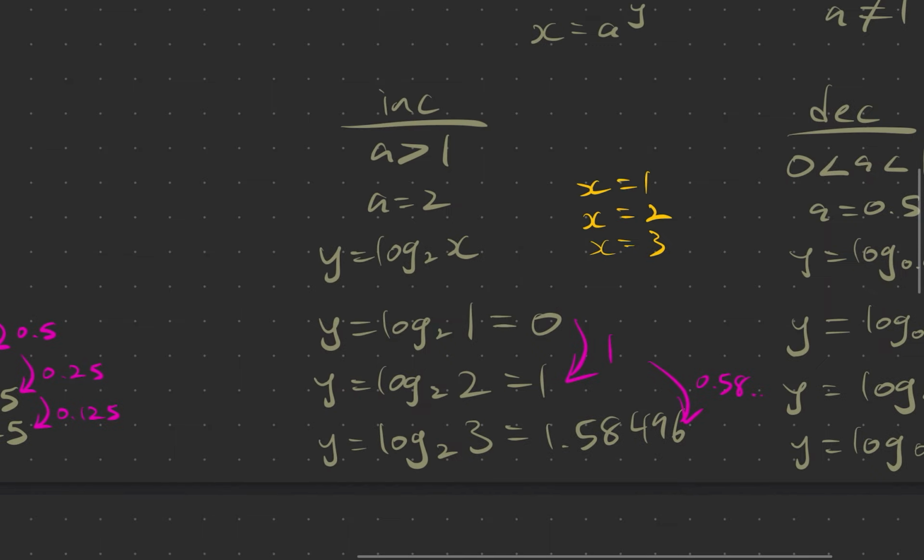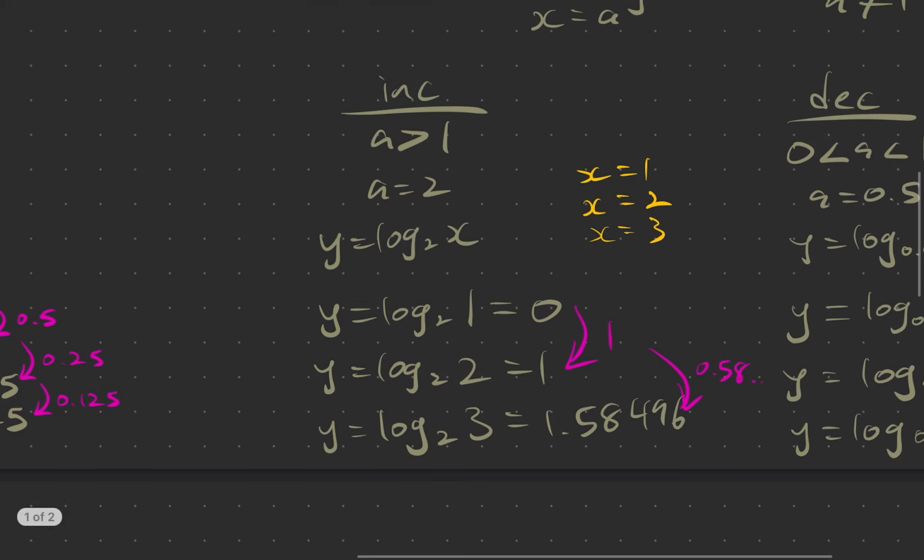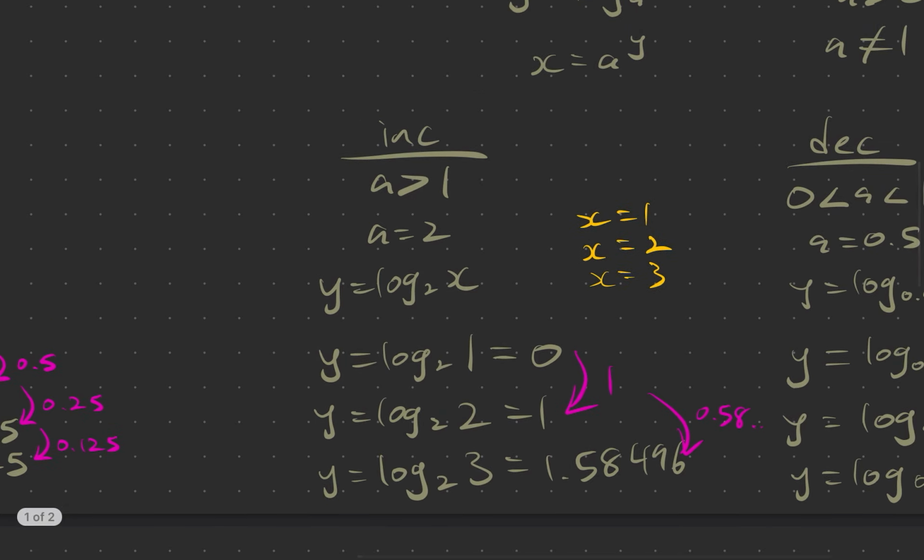So for the increase, as you can see, as the x value increases, the y value also increases, but the difference between the increases is getting lesser and lesser. So at first, the y value will be like, oh, great increase. But then after that, as the x value goes on, the increase gets gradual and gradual and gradual.